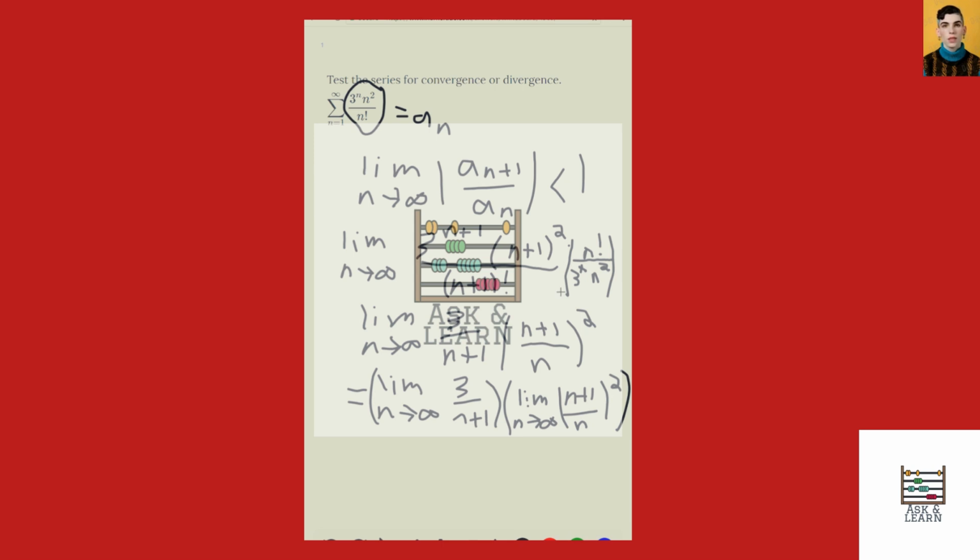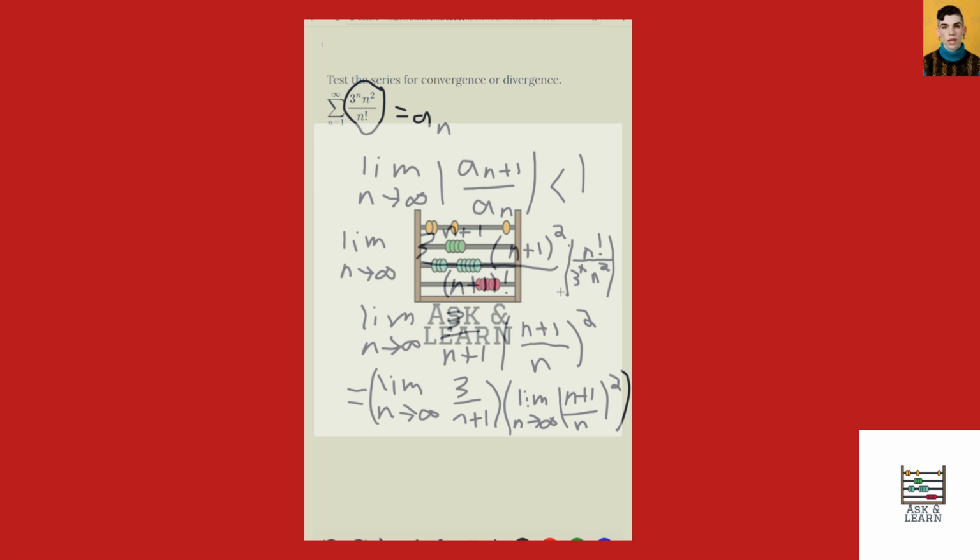Like, if this limit was infinite and this limit was 0, then we wouldn't be allowed to do this. But in this case, this limit is going to be 0, and this limit is going to be something finite. So 0 times finite is not indeterminate form. So we're definitely allowed to split up the limit in this way.